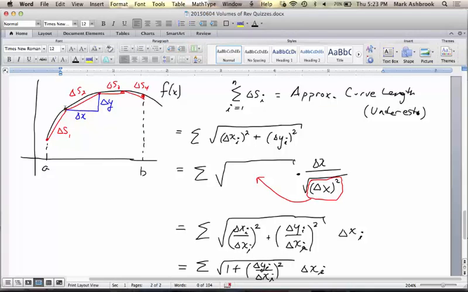It's the slope, the rate of change. So if delta x gets small and delta y gets small with it, what does that become?